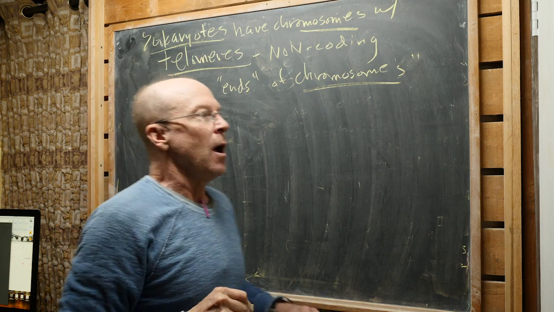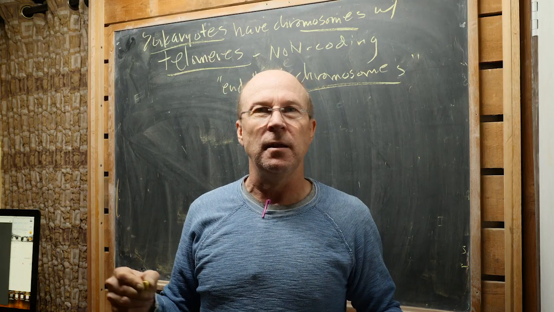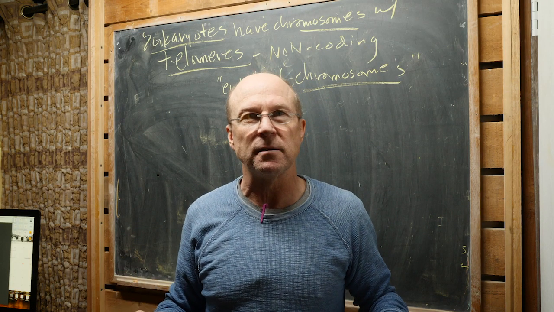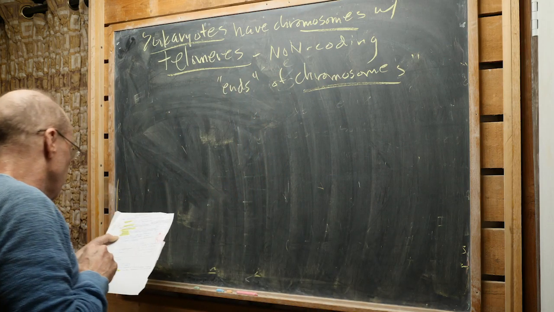And the idea, I remember one molecular biologist, and this is probably 2 decades ago, describing telomeres as the plastic tips of shoelaces, the protective ends. And that kind of makes sense.